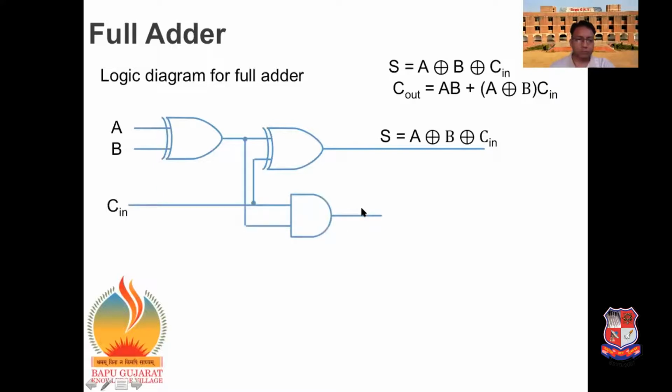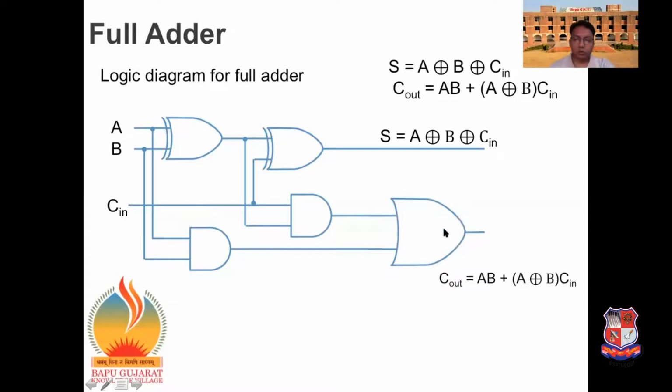Now the carry: from the first A and B sum, we get a carry. Another AND gate gives another carry. Now we add those 2 carries, and it gives the final Cout. So this is the logic diagram of the full adder.